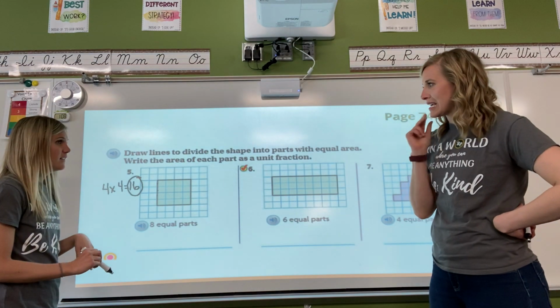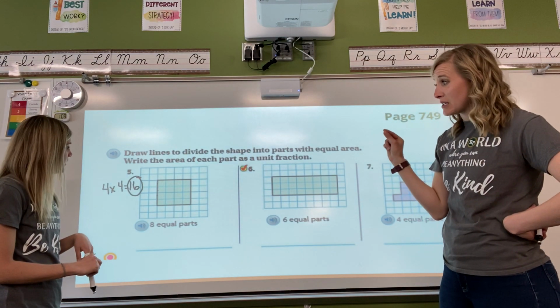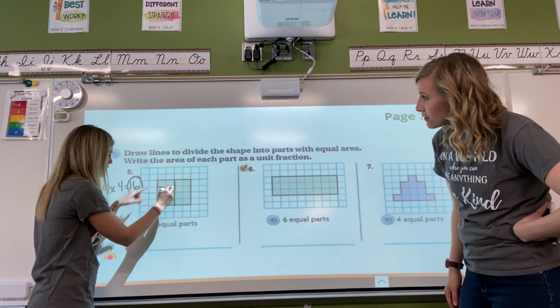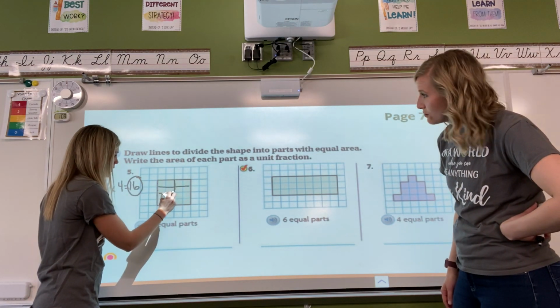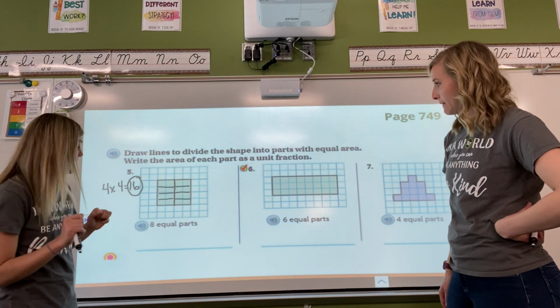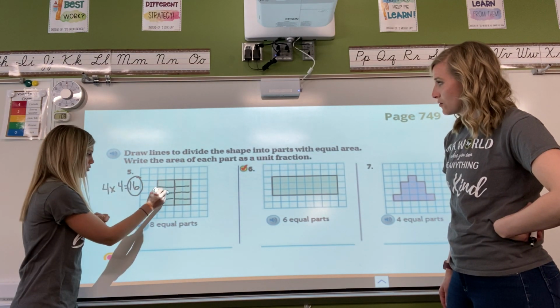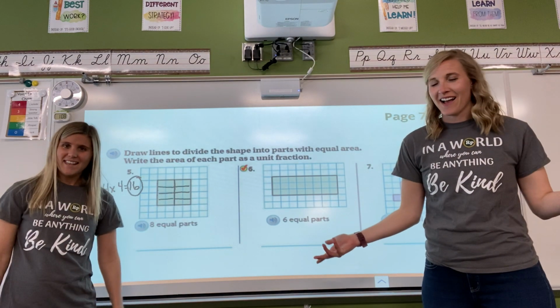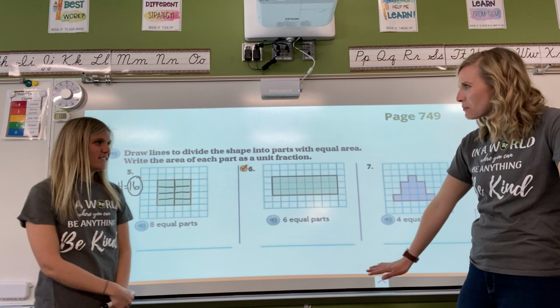So that means each little spot that we divide has to be an area of 2. So let's do that. 2, 2, 2, 2, 2. And I want to double check that I have 8 equal parts. 1, 2, 3, 4, 5, 6, 7, 8. Nice. Cool. This is going pretty good so far.